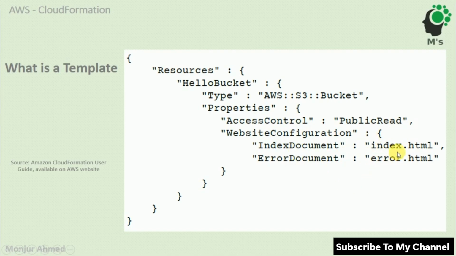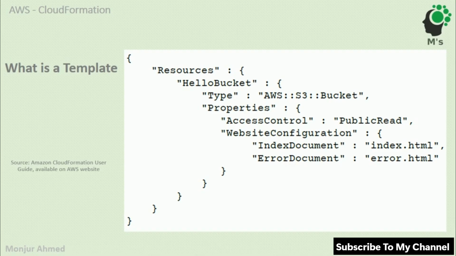The index document by default should be this page, as you know if you're into website development, and if there is any error, it will display this page. The main point here is that you declare a resource, give the name of the resource, say what type it is, and also specify properties. There's a lot more to the story, and you need to refer to the whole user guide, the reference manual that you can find on the AWS website. So this is a bit more elaborate version of the previous one.